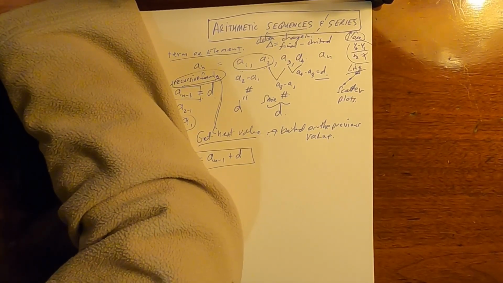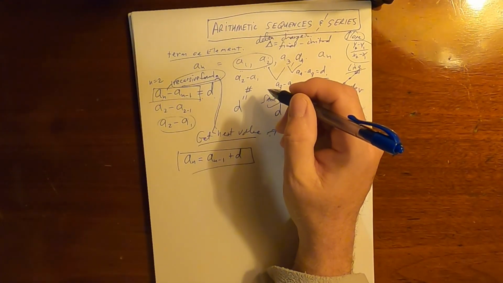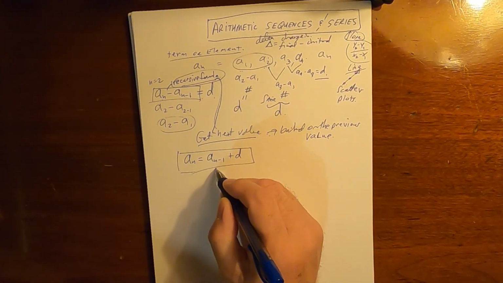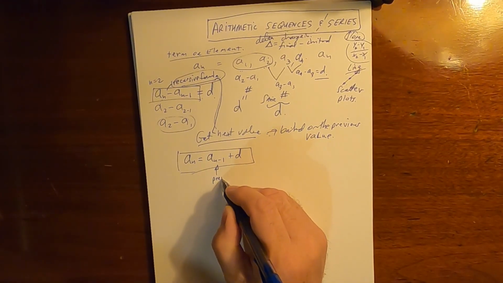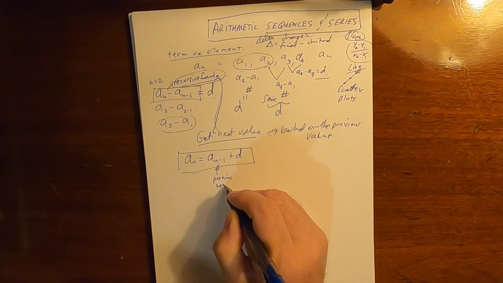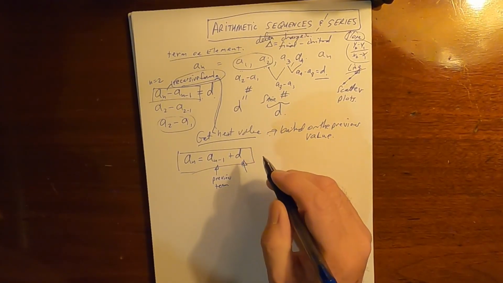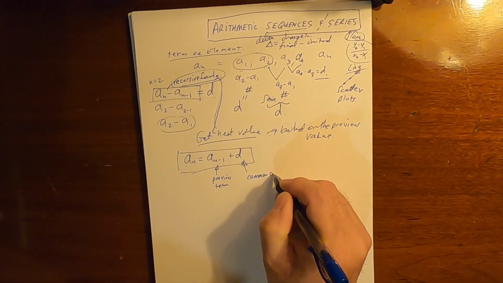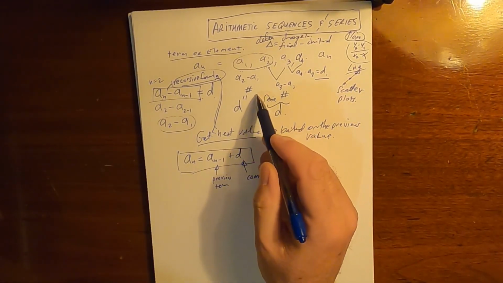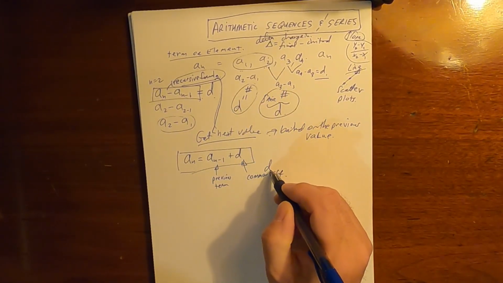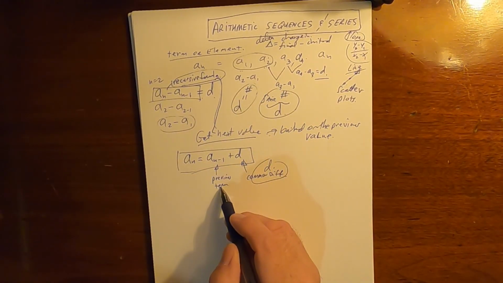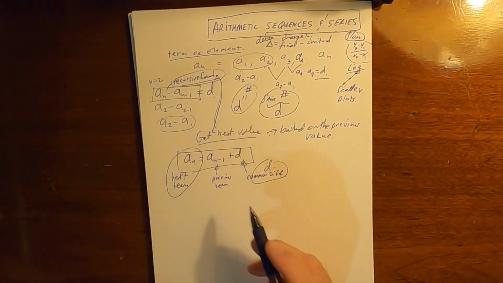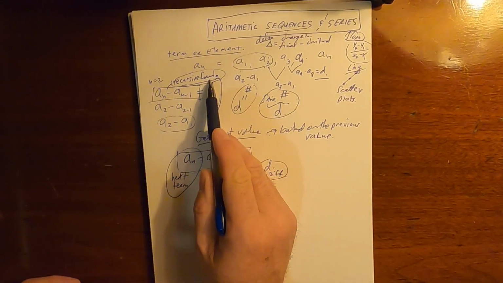Yes. Whatever the previous term is, I'm adding what we call the common difference, and that's this number that we got here, this d. You're adding the d to the previous term to get the next term. So this is referred to as a recursive formula.